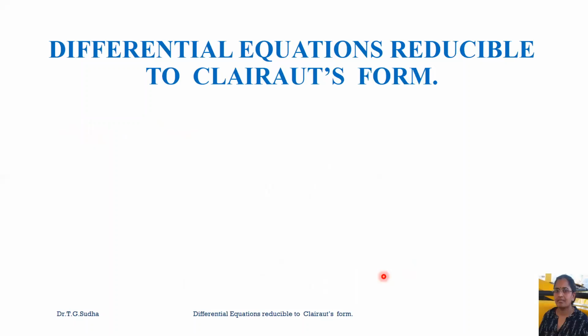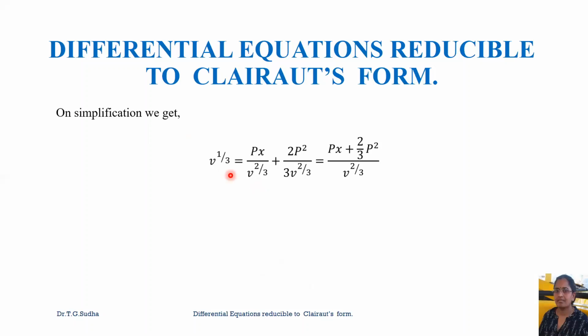So the equation now reduces, on simplification, to v to the power of 1 by 3 is equal to Px by v to the power of 2 by 3 plus 2P square divided by 3 into v to the power of 2 by 3. So let us take v to the power of 2 by 3 as LCM.